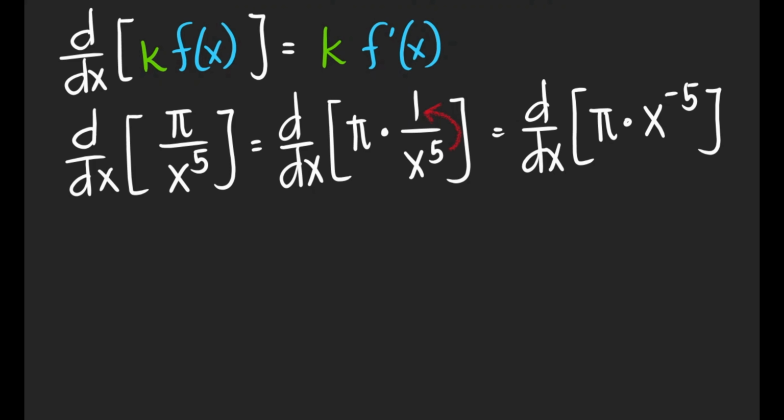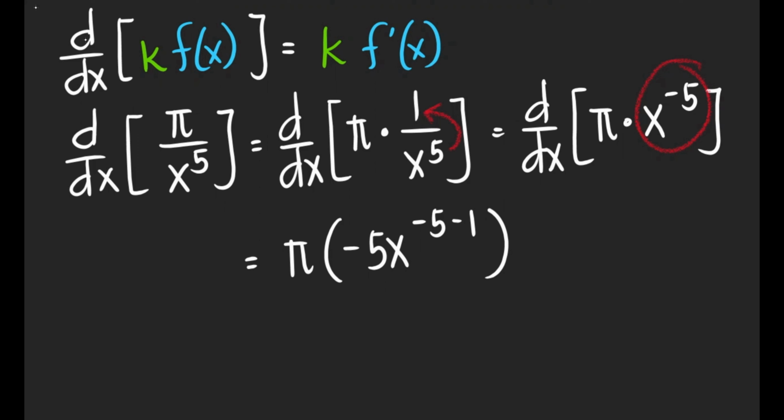Now let's apply the constant multiple rule to find the derivative of this function. The derivative should be equal to the constant, which is pi, multiplied by the derivative of this function. By applying the power rule, we put negative 5 on the front, negative 5 times x to the power negative 5 minus 1.